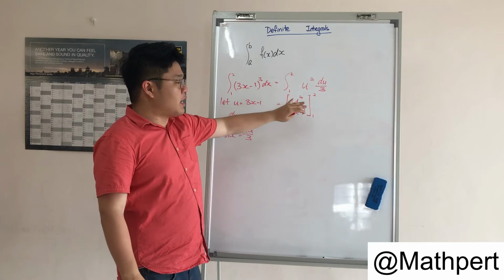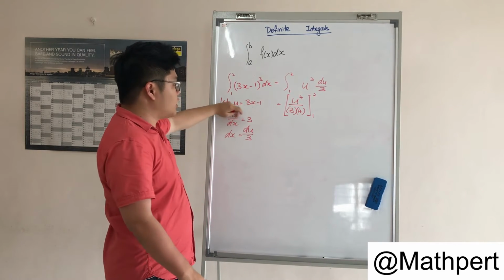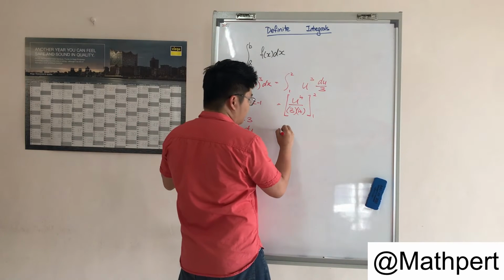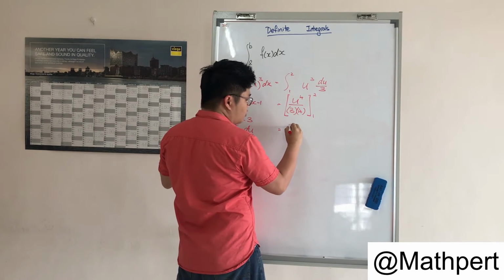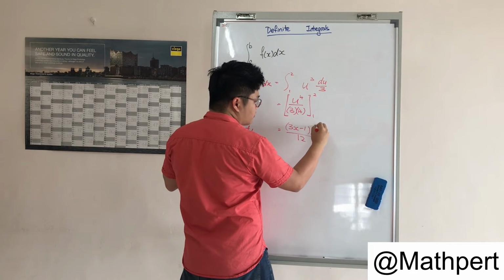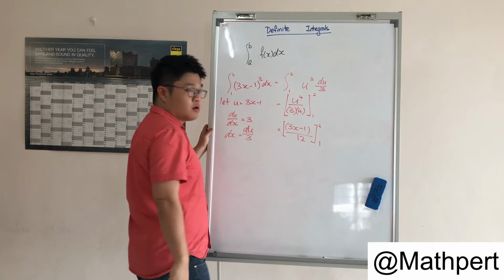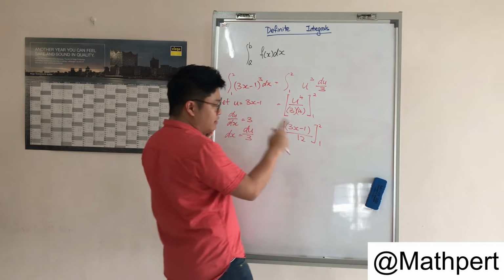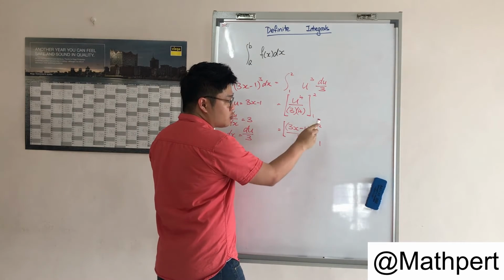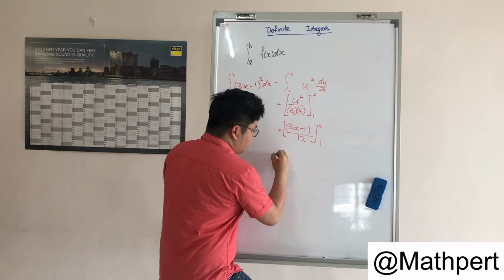Then we eliminate u by substituting this equation into it. So u is equal to 3x minus 1, over 3 multiplied by 4, 12. Then now we substitute the value of 2 into it, then minus 1 into it.